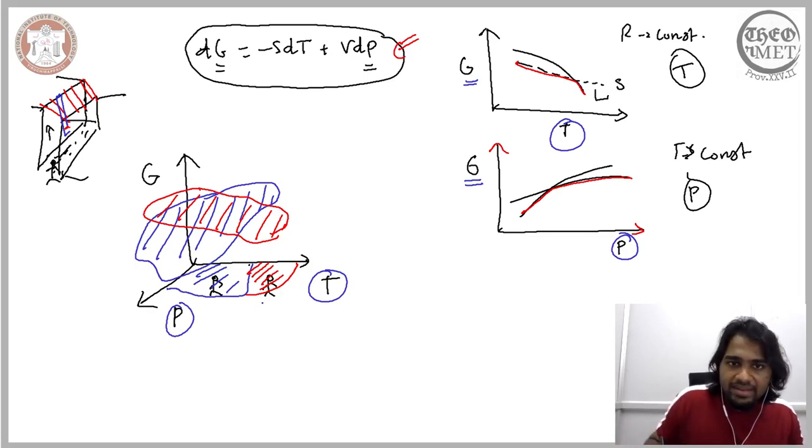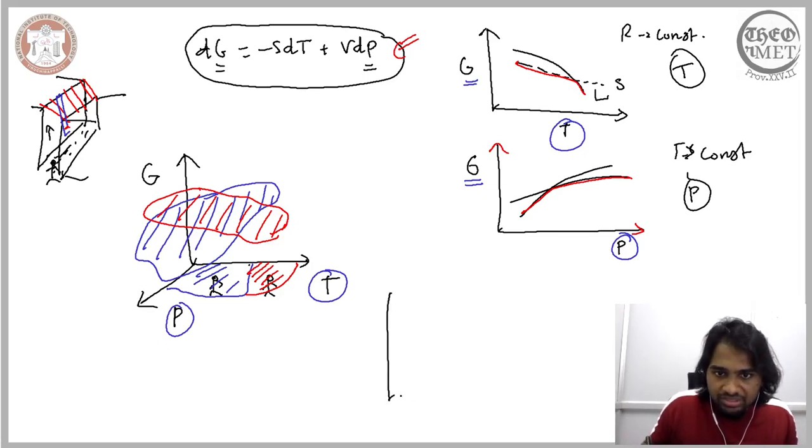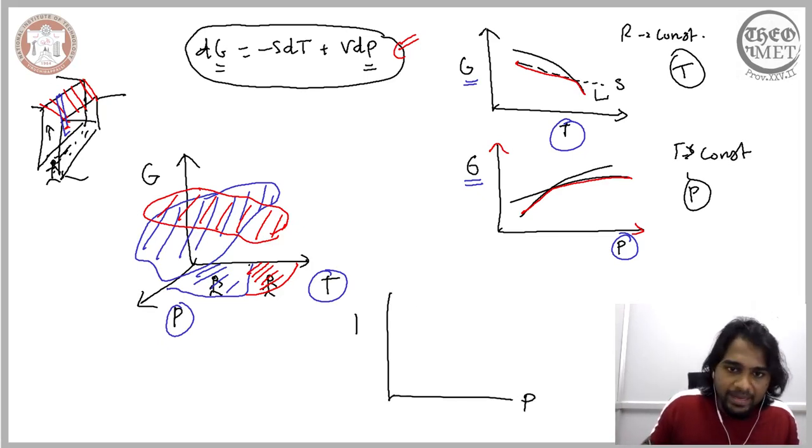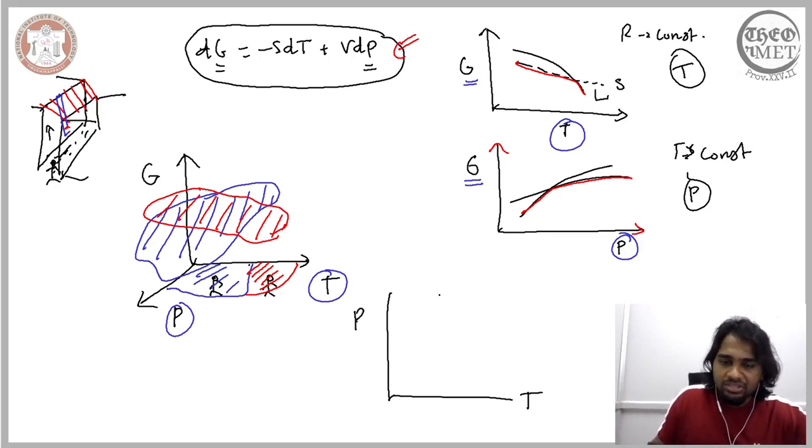So now when we represent this plane in two dimensions, that is the pressure and temperature plane, and plot the region wherein you observe the blue surface and the region wherein you observe the red surface, it appears something like this.